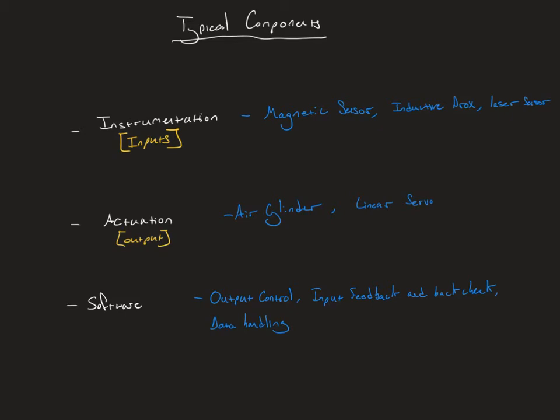So if you have two sensors, one for a retracted cylinder and one for an extended cylinder, and we have the cylinder currently in the retracted position, and we command it to go to the extended position, we would want to see the extended position sensor come on and the retracted sensor go off. So we're getting feedback from the extended sensor, and we're back checking the retracted sensor to make sure that it's not somehow miswired and just always on.